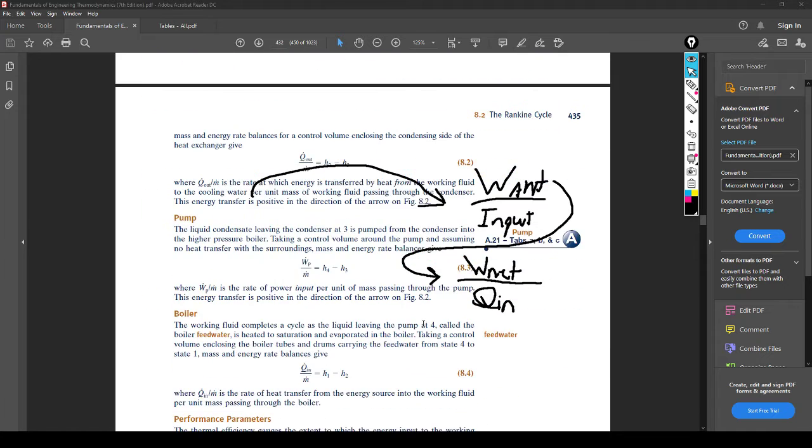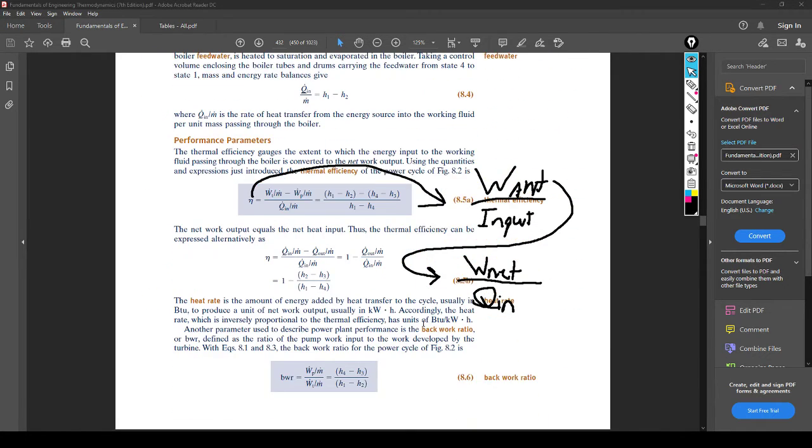So if we go back down here, you have work net, which is the work of the turbine minus the work of the pump, because it's the net work we had to add. And then Q in is just Q into the boiler.